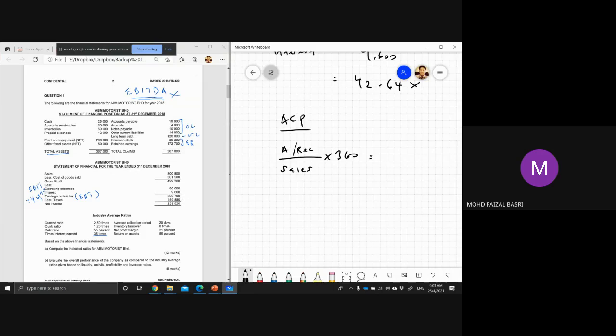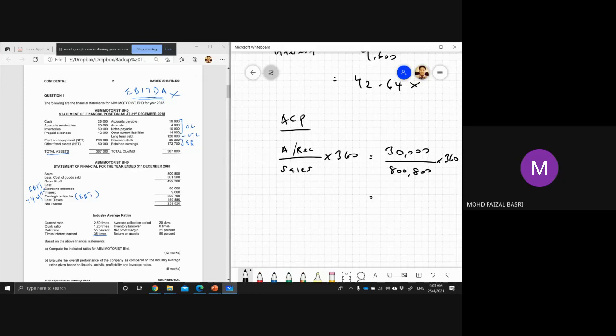So the account receivable is 30,000, okay, in the balance sheet. And the sales figure is from the income statement, 800,000. And multiply with 360.